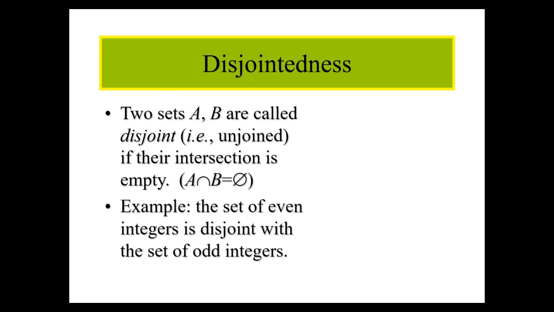So what do you mean by disjointness? Two sets are disjoint if their intersection is a null set. If you want to say that the given two sets are disjoint, the condition is that the intersection of those two should be a null set.